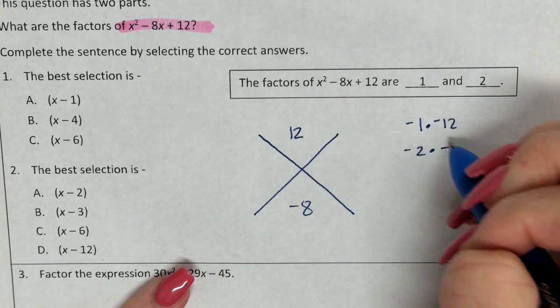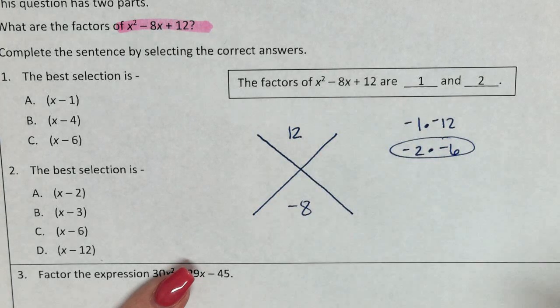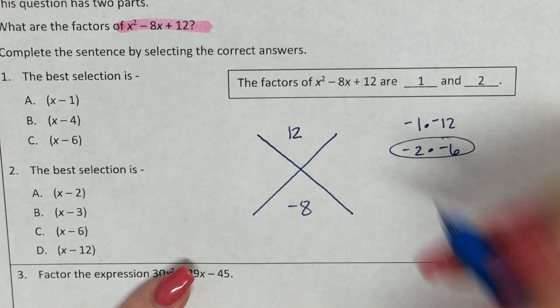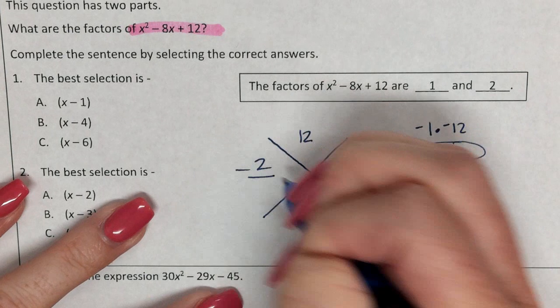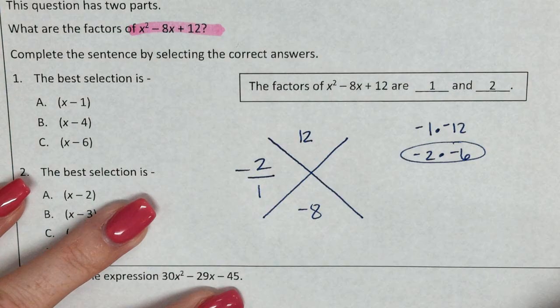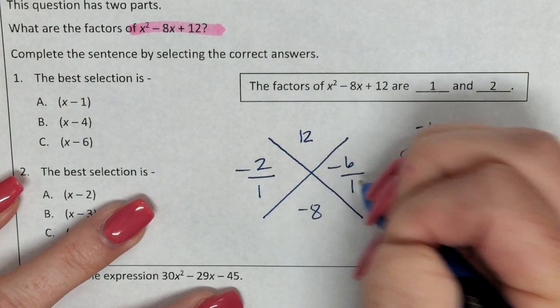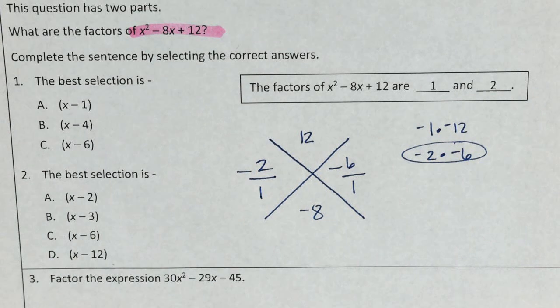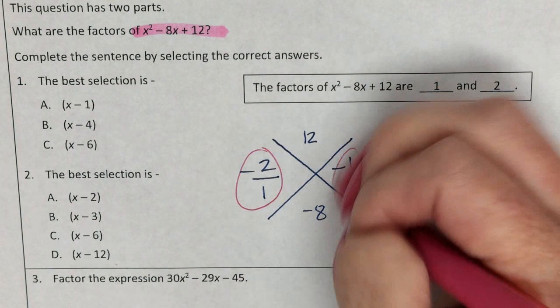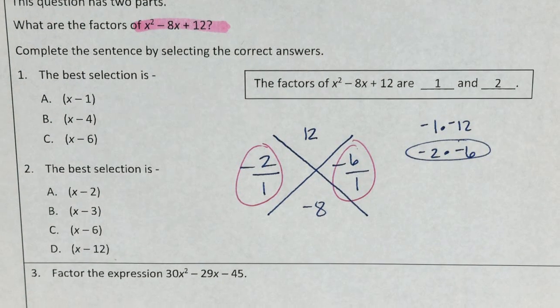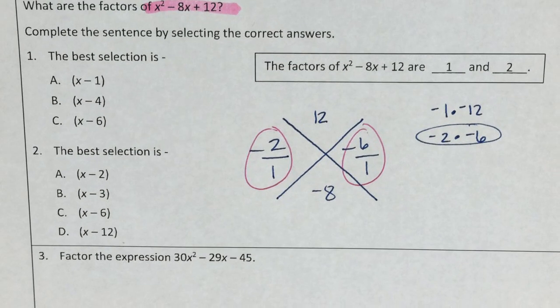I'm going to take these two and put them over A. So negative 2 over, what's A? 1. And negative 6 over 1. Then I'm going to simplify those fractions if I can, which I can't. So these are my final pieces. And then remember, it's bottoms up.